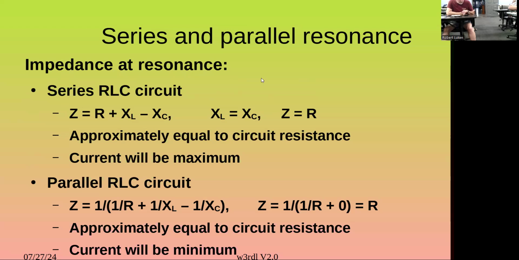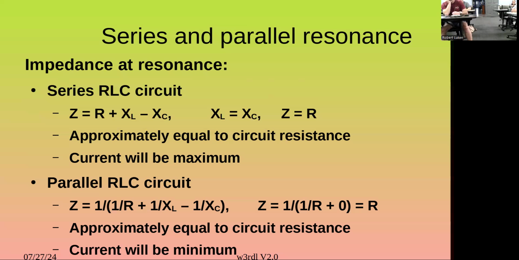Okay, so when we have a series RLC circuit, we know that at resonance the reactances are equal, so we're only left with the resistive part of the circuit. So if there's a series resistor in a series RLC circuit, then the impedance at resonance is basically equal to the real resistance value.